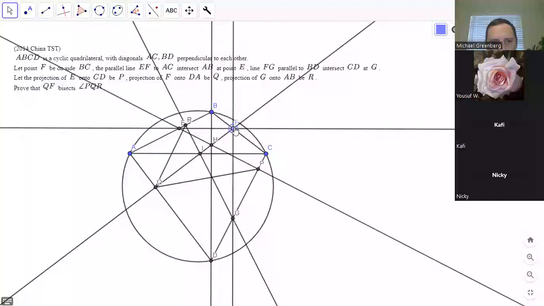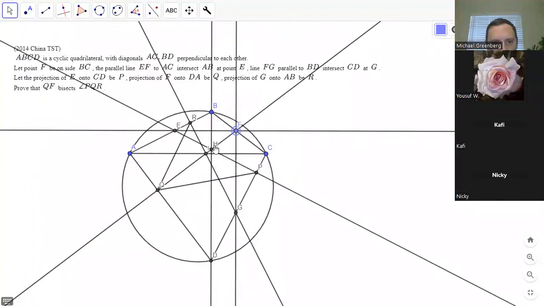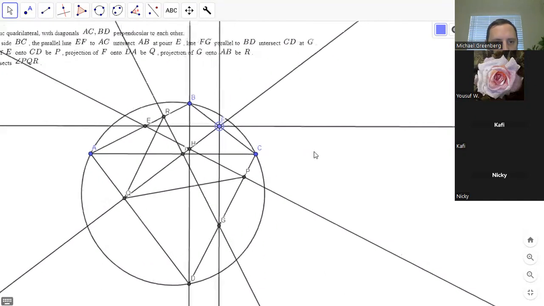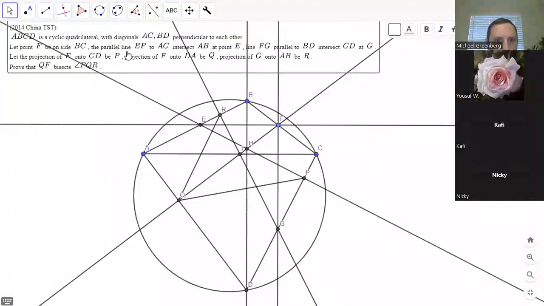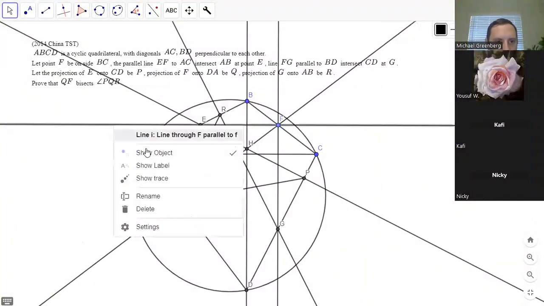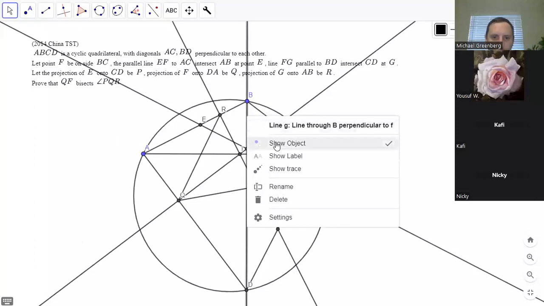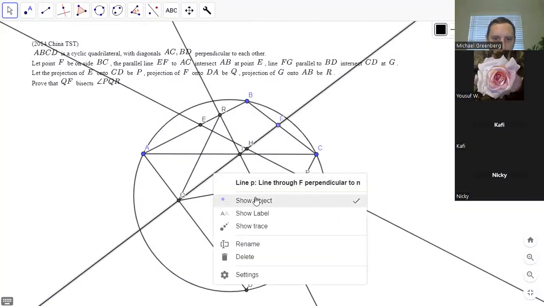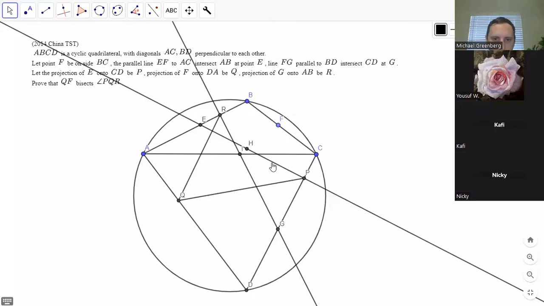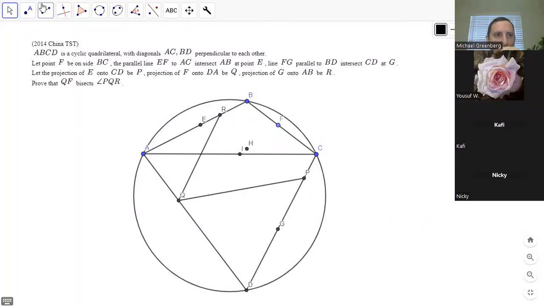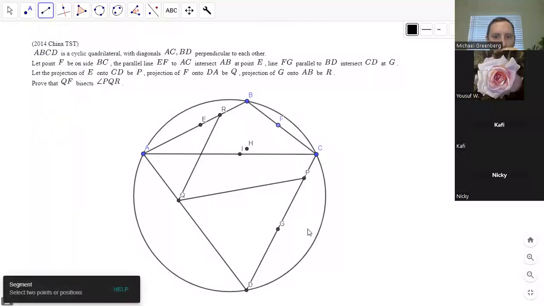So first of all, is it obvious that these concur and these concur? If we just have E and F being the midpoints, then we can just use Mikhail point, but no, it doesn't have.